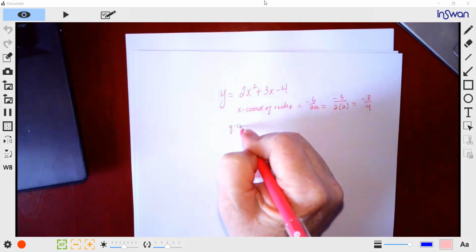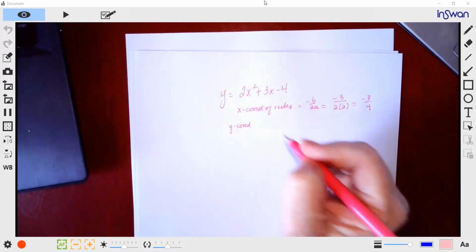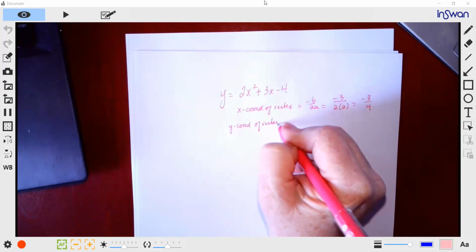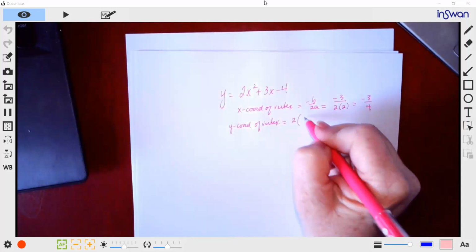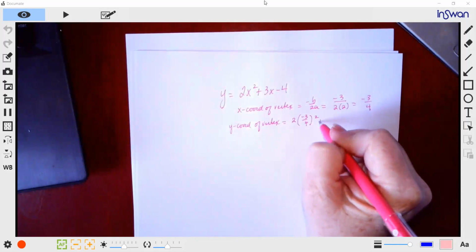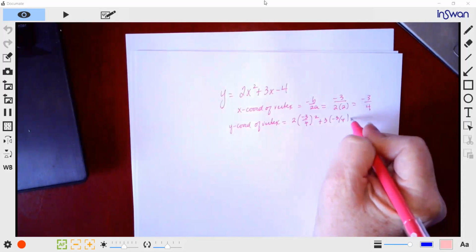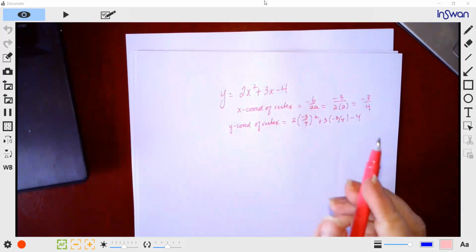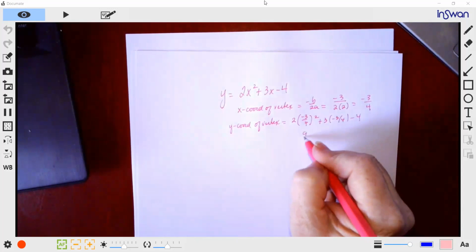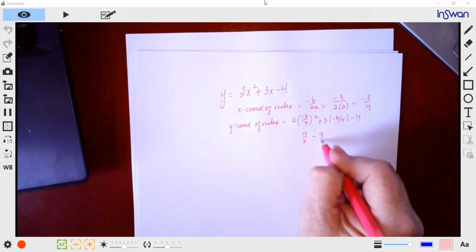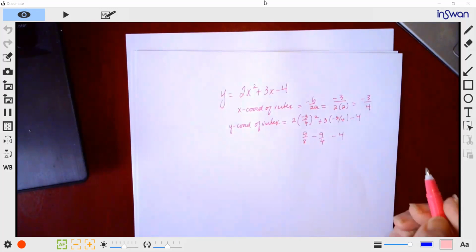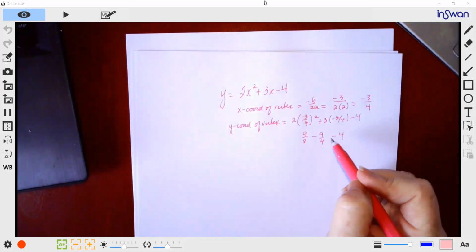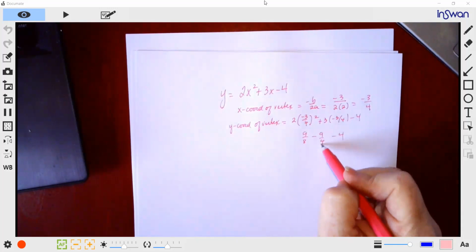The y coordinate of the vertex is what I get when I plug that back into the original. So what is that? 9/16 times 2 is 9/8 minus 9/4 minus 4. Oh, goodness. So that is negative 9/8, negative 2 and an 8. No, 1 and an 8, sorry.